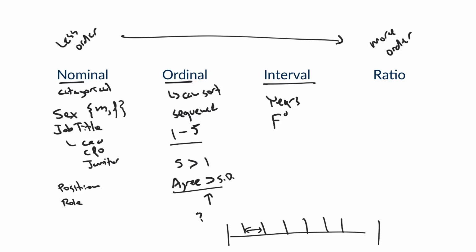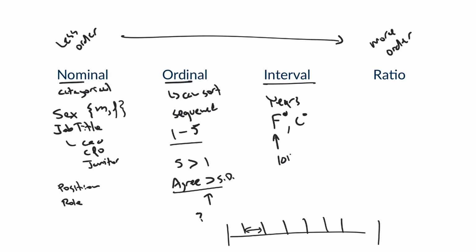Sometimes you'll see things like Fahrenheit or centigrade, Celsius type temperatures also fit into this category. I think those are probably some of the better examples. In this case, we've got data where the intervals are defined, like each Fahrenheit degree is the same amount.